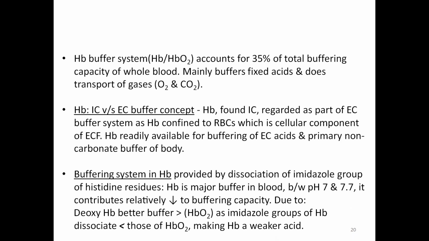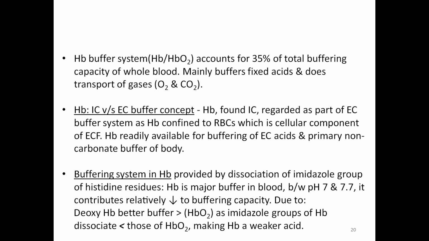Now about the hemoglobin buffer system. So this accounts for 35% of total buffering capacity, and mainly it buffers fixed acids and does transport of gases. Like we know, oxygen and carbon dioxide are transported by hemoglobin. Now hemoglobin in intracellular compartment versus extracellular.